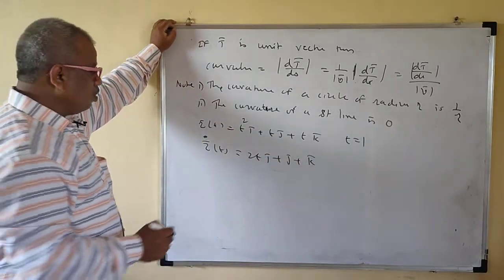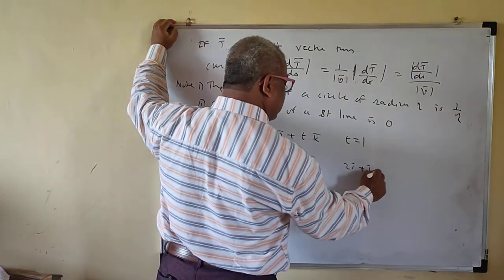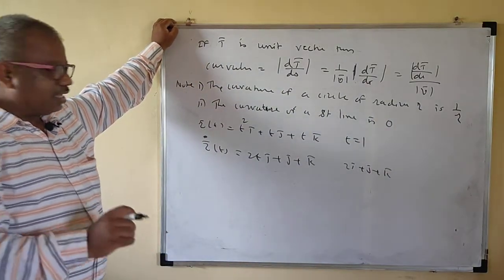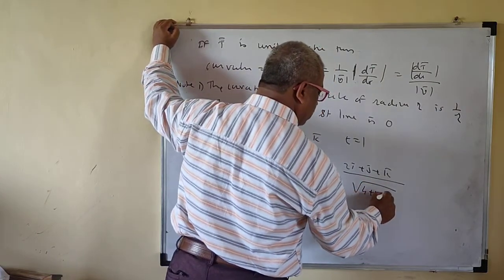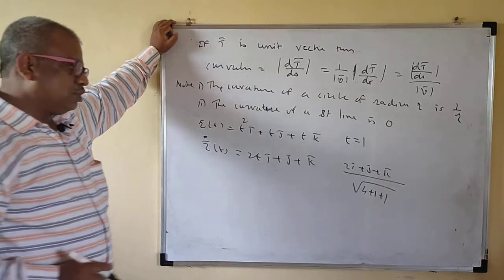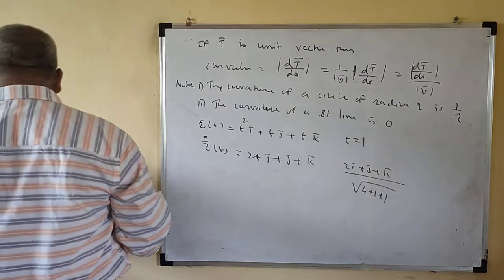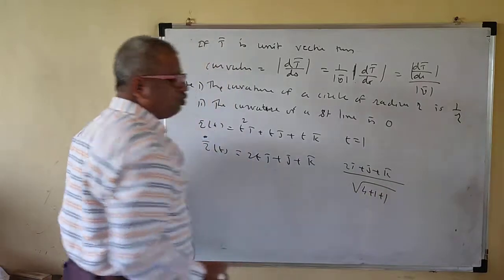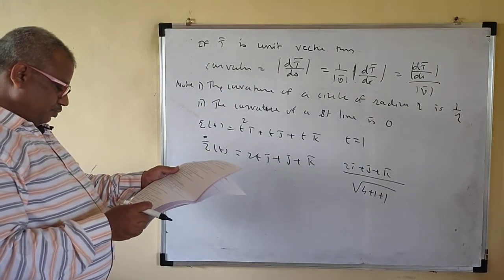So you can find r bar dot at t equal to 1: 2 i bar plus j bar plus k bar. And you have to find the unit tangent vector at t equal to 1. You have to divide by the norm, which is root of 4 plus 1 plus 1, that is root 6. So the unit tangent vector is 2 by root 6 i bar plus 1 by root 6 j bar plus 1 by root 6 k bar. So take care of that one also.